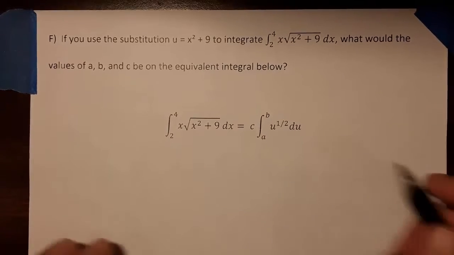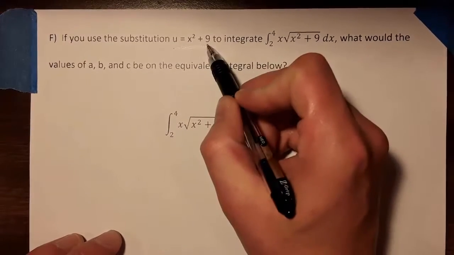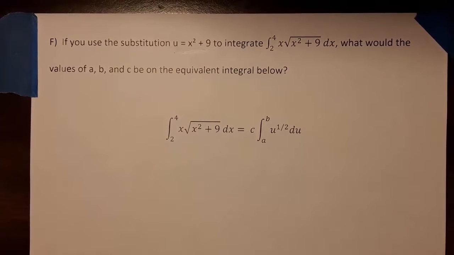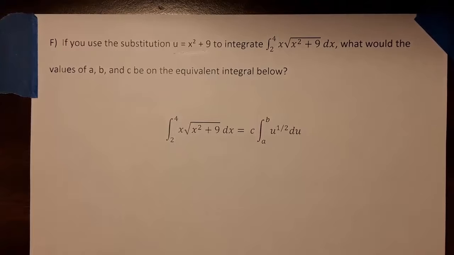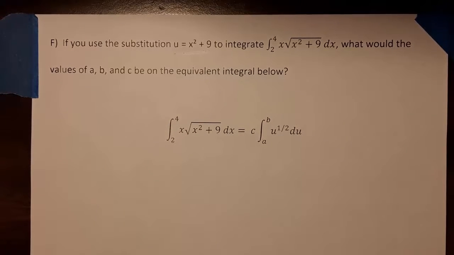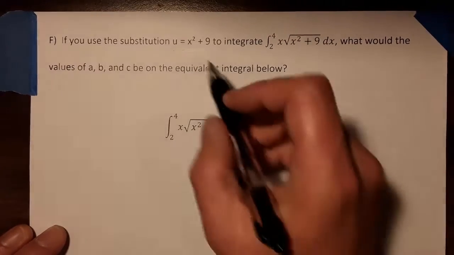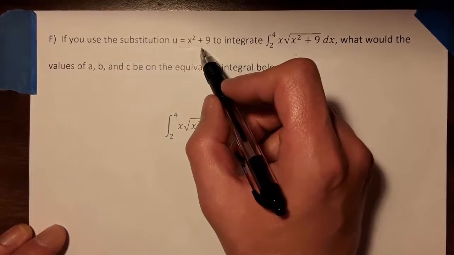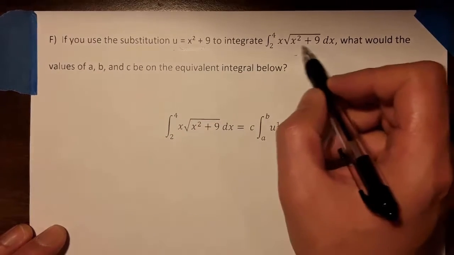All right, here they want you very specifically to use this substitution. This is kind of a popular way of testing if you understand u-sub on the AP test on a multiple choice version. They'd give you a problem like this, and then tell you to use u to represent some part of the integral.